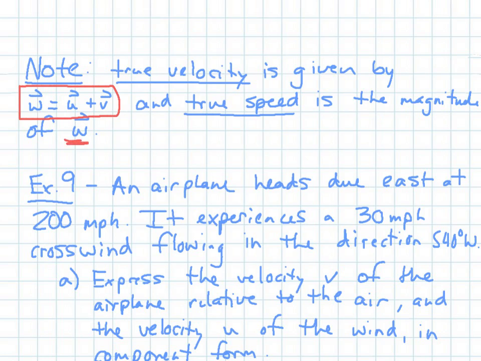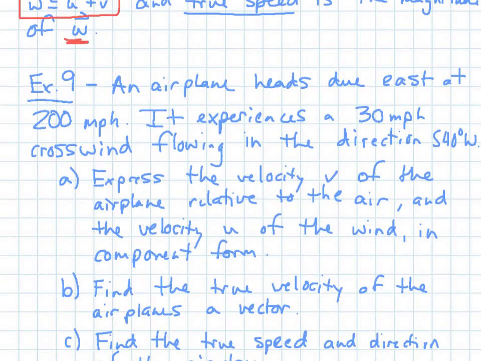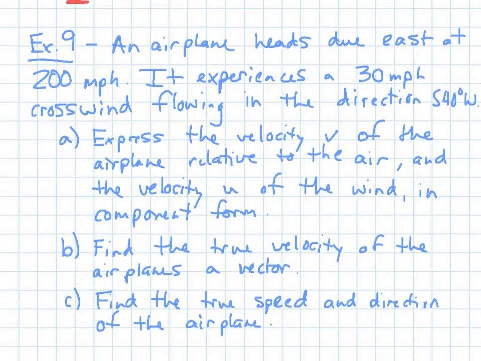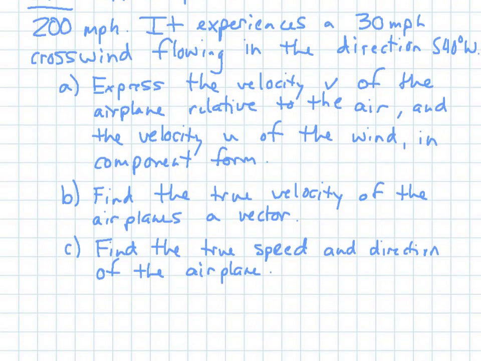For example, number 9: an airplane heads due east at 200 miles per hour, and it experiences a 30 mile per hour crosswind flowing in the direction of south 40 degrees west. I want to first figure out the velocity of the airplane and the velocity of the wind in component form, in those bracket things.